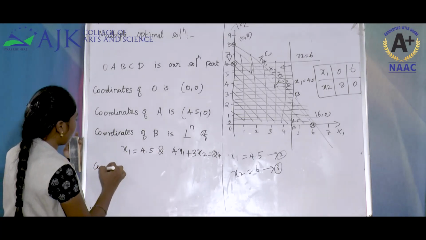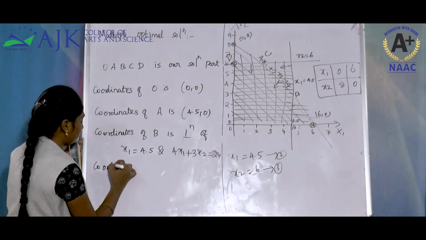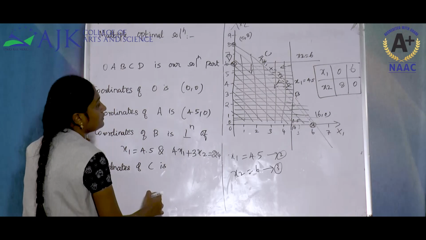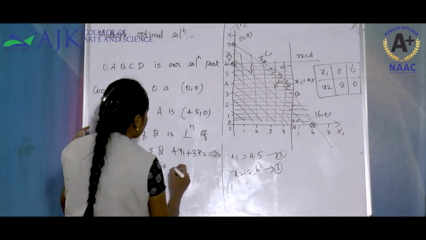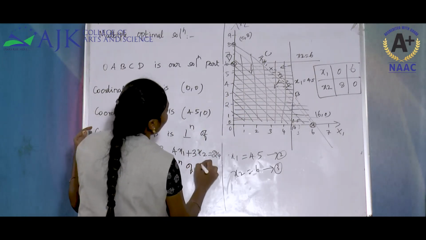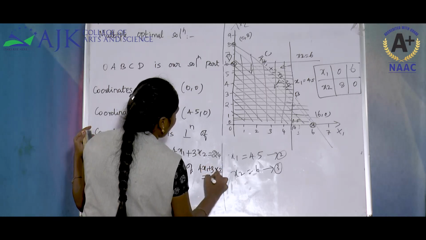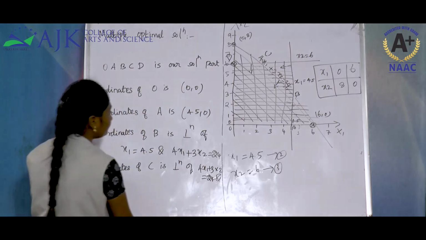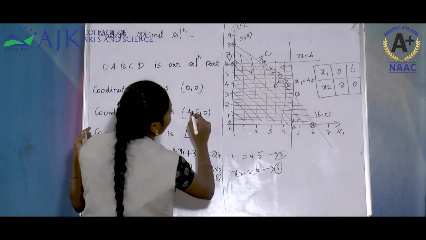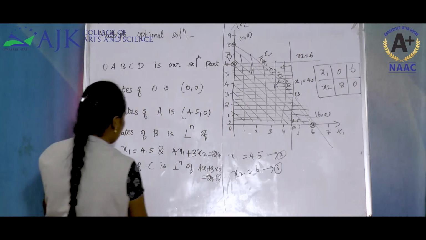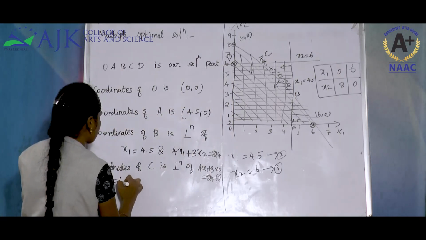Next, the coordinate of C. C is here, so it is the intersection of 4x1 plus 3x2 equal to 24 and x2 equal to 6.